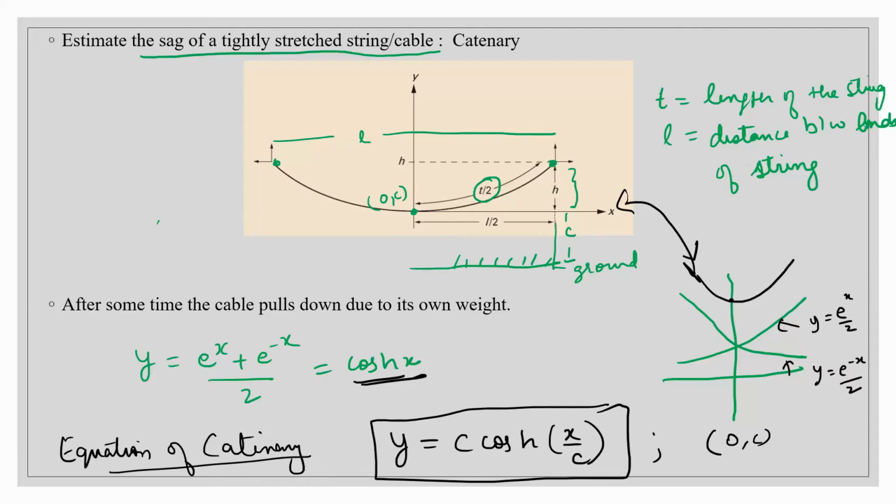Now we want to estimate the sag. So for this I will just take the point over here. This point will be L by 2 comma h plus c. Now you write the equation of catenary and put the coordinates over here.